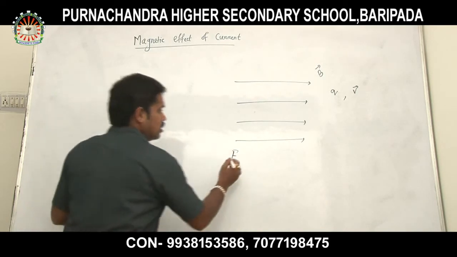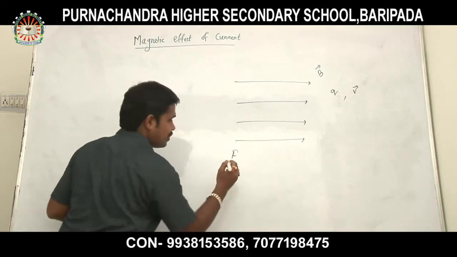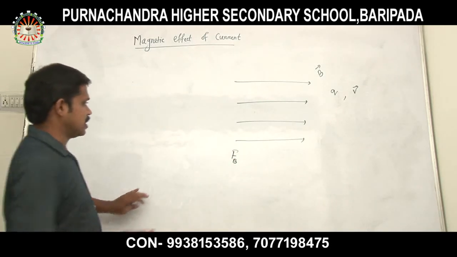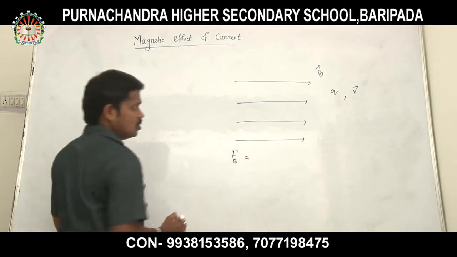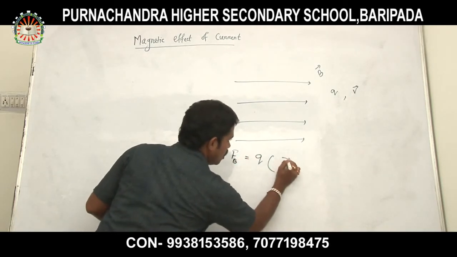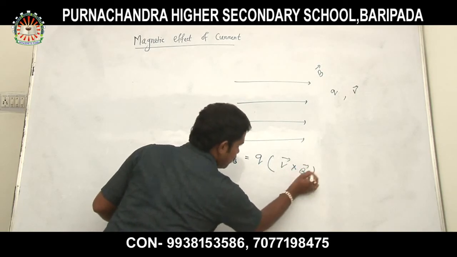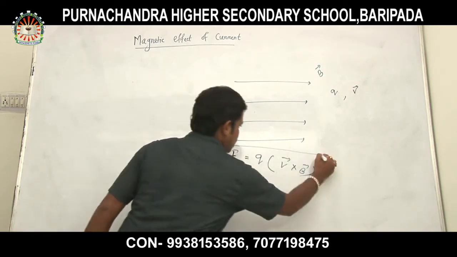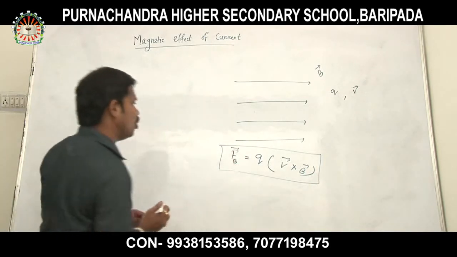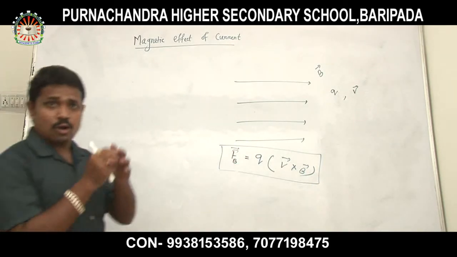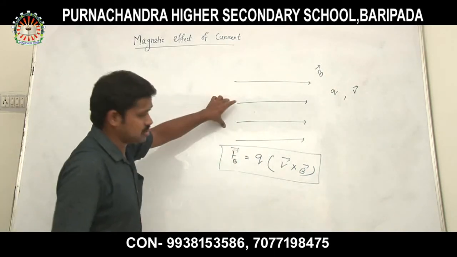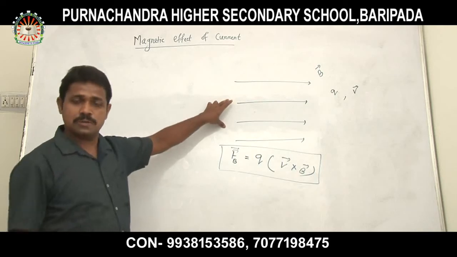The force due to the magnetic field, let us name it FB. Very simple. FB is equal to Q times V cross B. This is the amount of force applied on this charge Q when it is placed in a magnetic field.